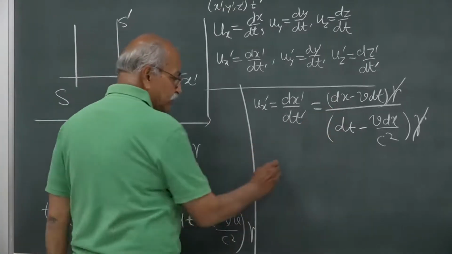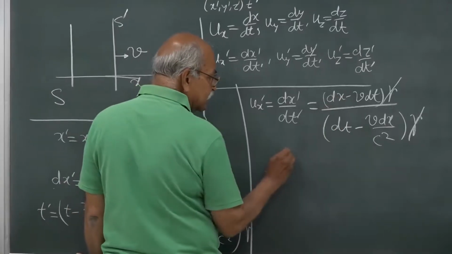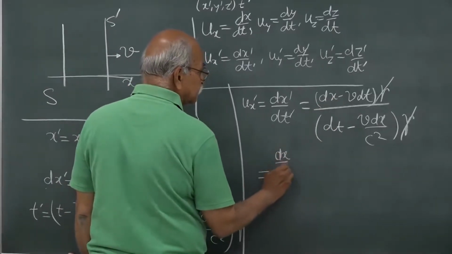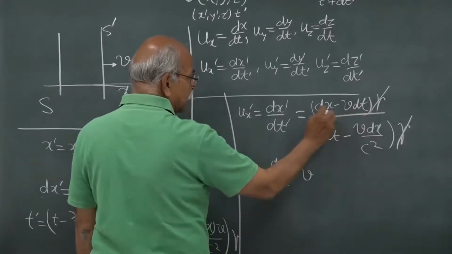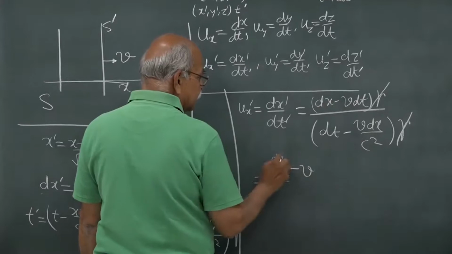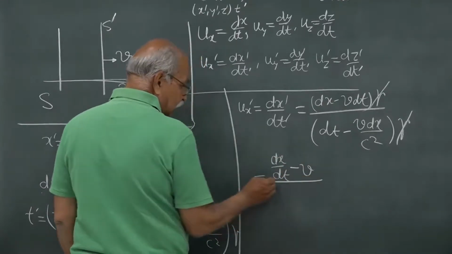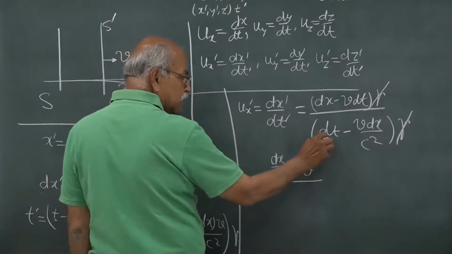So what do you get? This is equal to dx by dt minus v, this dt cancels out, we are dividing by dt. So dx by dt minus v, and denominator also you have to divide by dt.